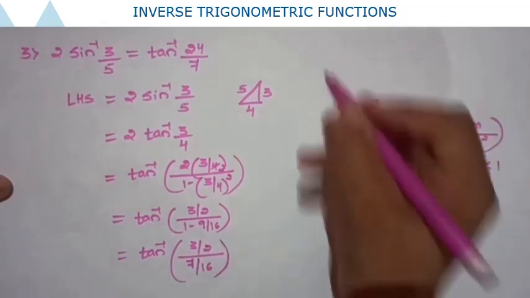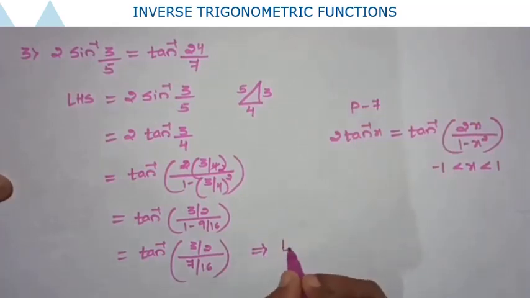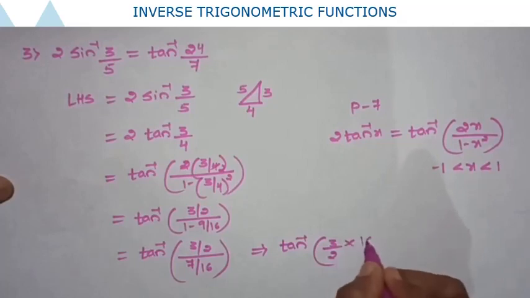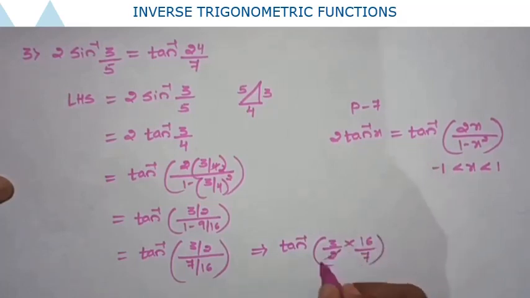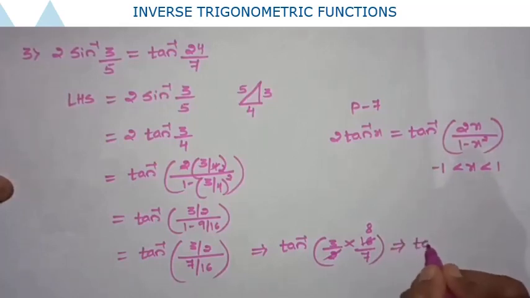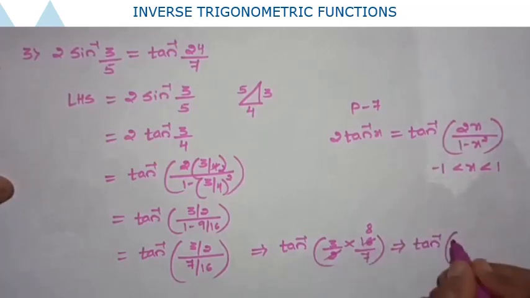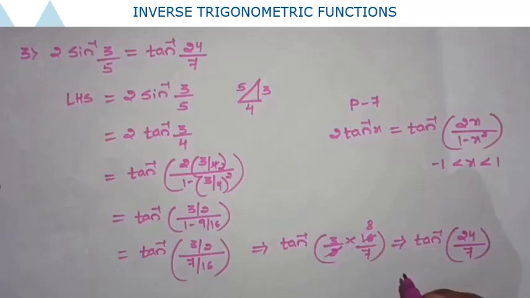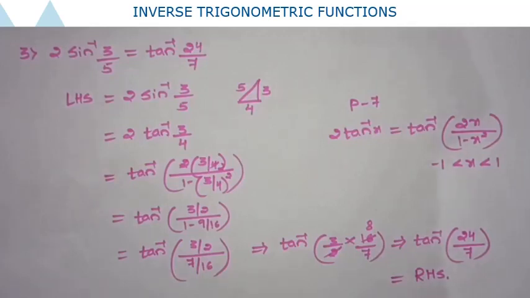Again we can write this as tan inverse of 3 by 2 into 16 by 7. Cancelling, we get tan inverse of 8 into 3, that is 24, divided by 7. Therefore this is equal to the RHS. So we have converted 2 sin inverse 3 by 5 into tan inverse 24 by 7.